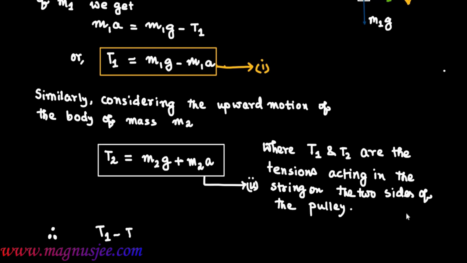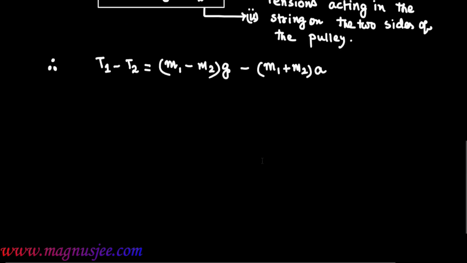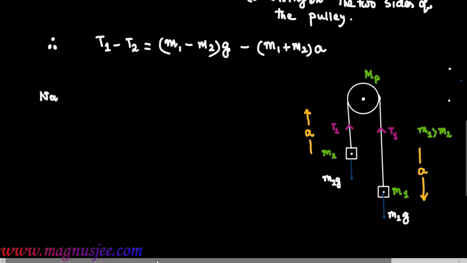Therefore, T1 minus T2 equals (m1 minus m2) times g minus (m1 plus m2) times a. This will be equation 2.